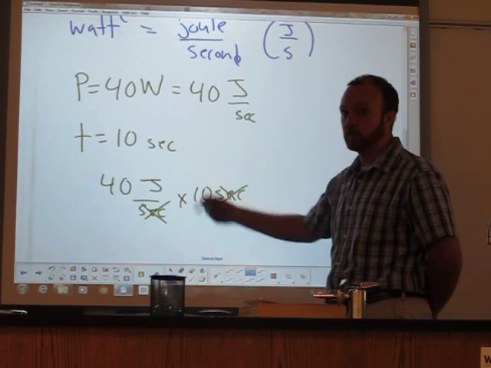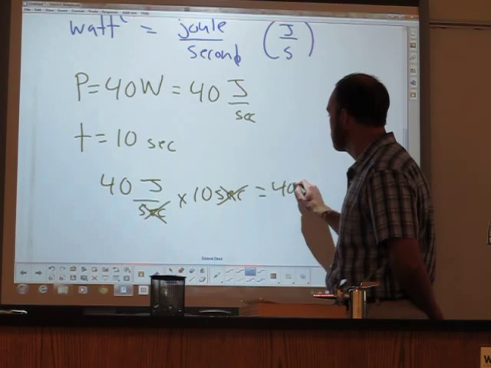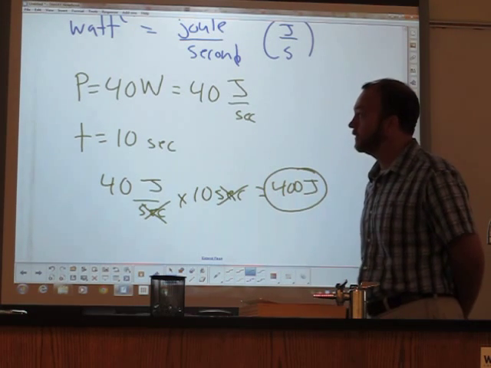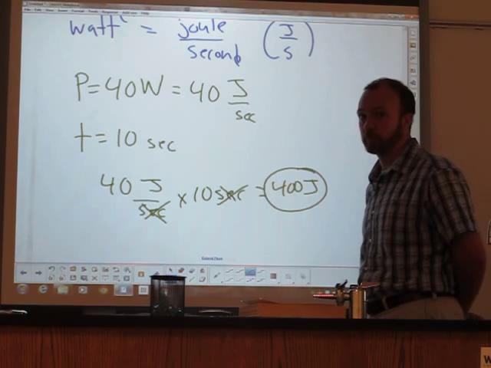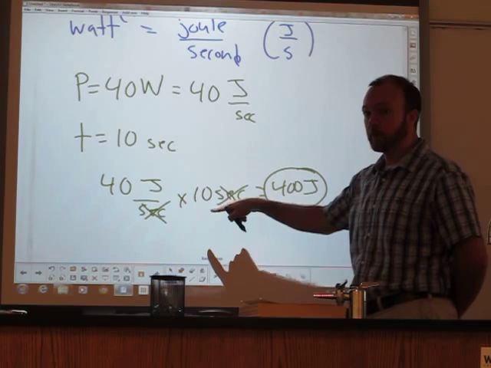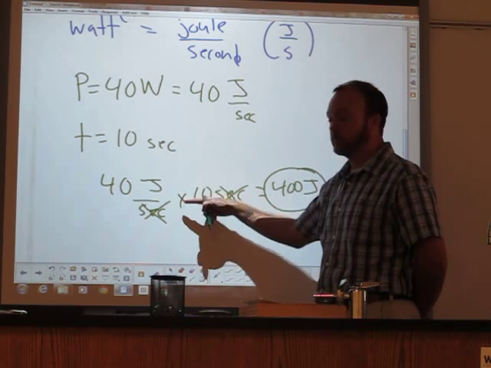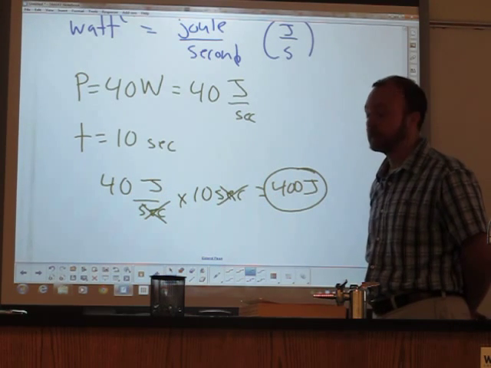Multiplying by 10, just put a 0 on the end. And you should be able to see that in 10 seconds, our 40-watt bulb will use 400 joules of energy. This is the method that I want you to use. I want you to follow the units. A watt is a joule per second. You multiply by seconds, you get your answer in joules, which is what you measure energy in.